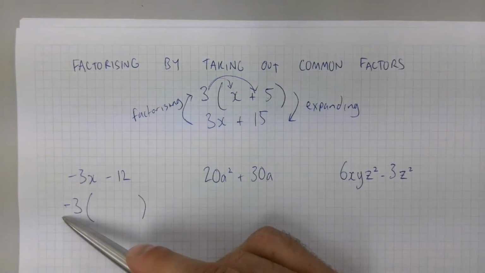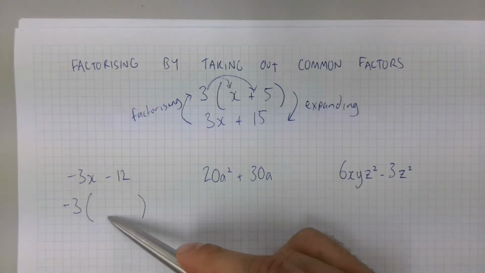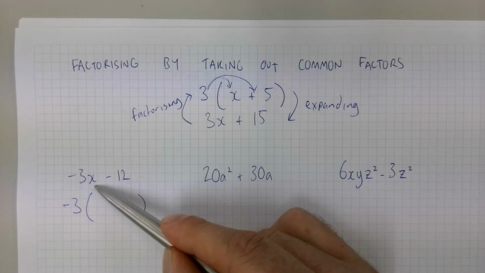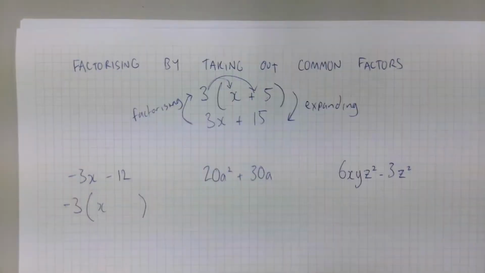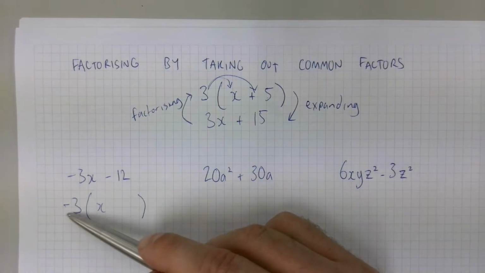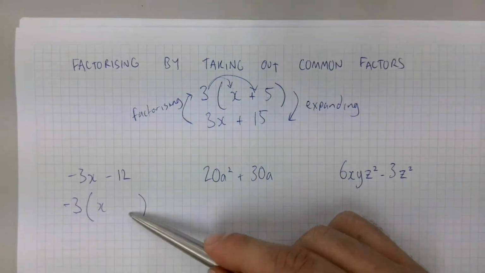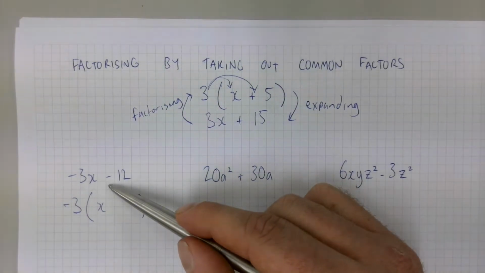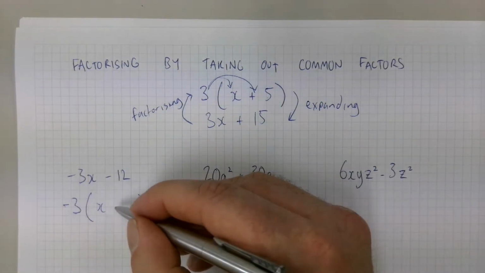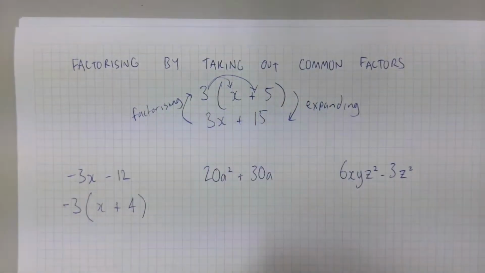So in this case, minus 3 times by what would give me minus 3x? Well, it's minus 3 times by x. Okay, now minus 3 times by what would give me minus 12. Minus 3 times by positive 4 would give me minus 12, so let's put a plus 4 inside those brackets.